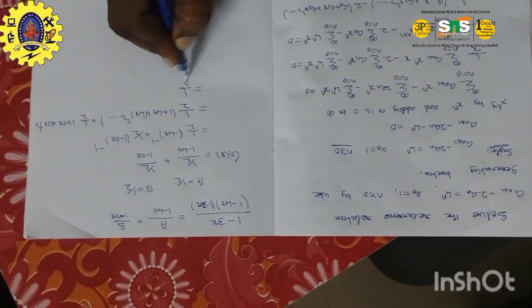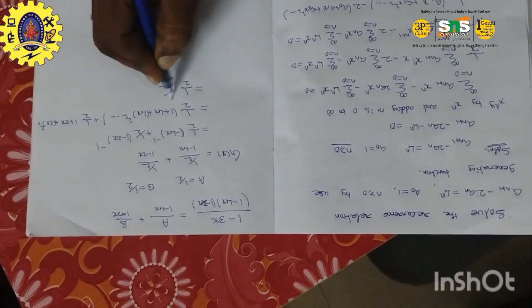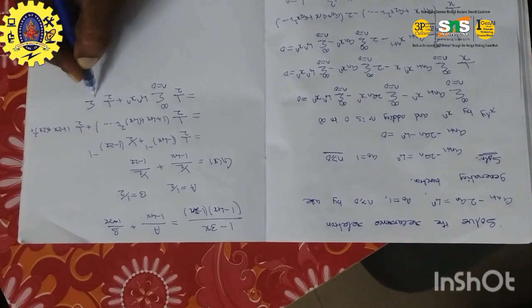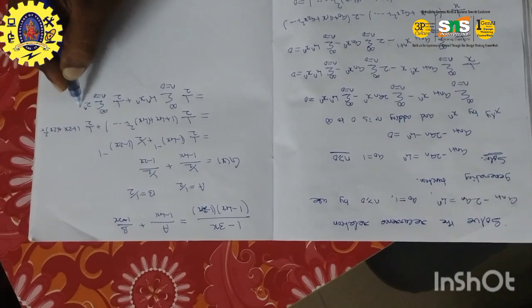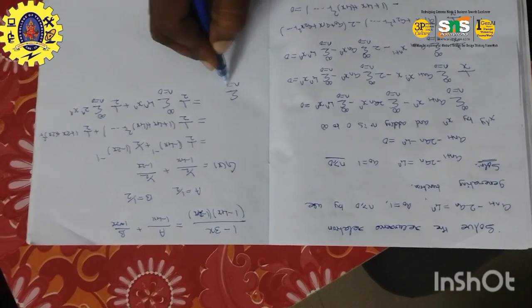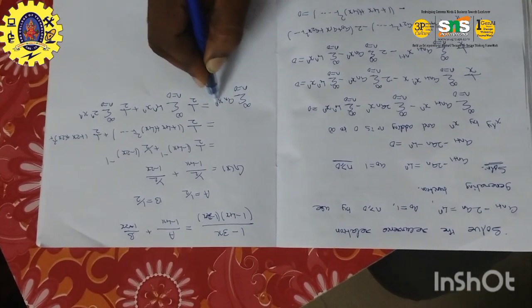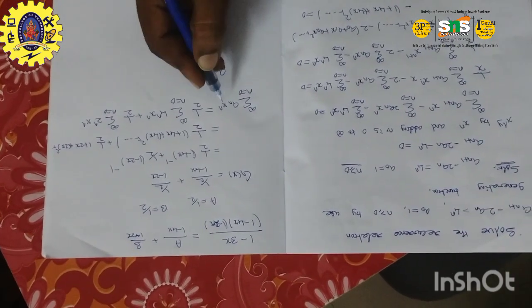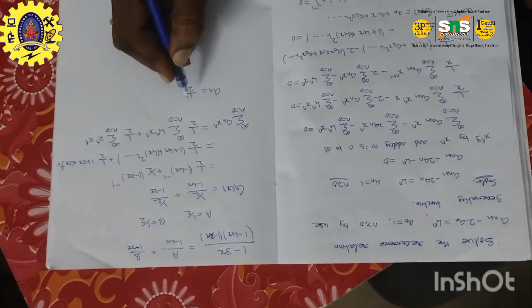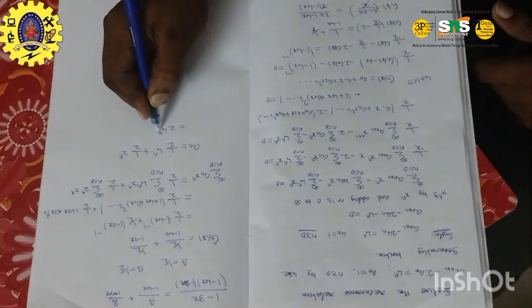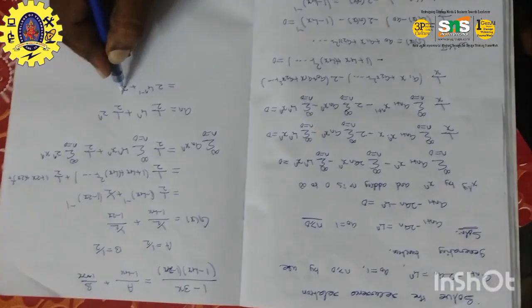This is 1/2 times the summation of 4^n x^n plus 1/2 times the summation of 2^n x^n. We already know that g(x) is the summation of a_n x^n. Therefore a_n, the coefficient of x^n, is a_n = 1/2 times 4^n plus 1/2 times 2^n. This is 2 times 4^(n-1) plus 2^(n-1).